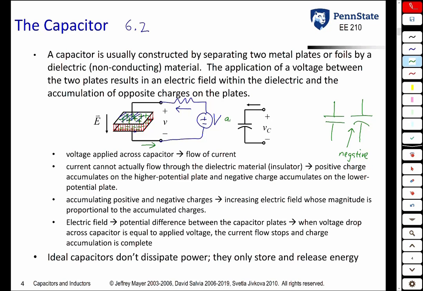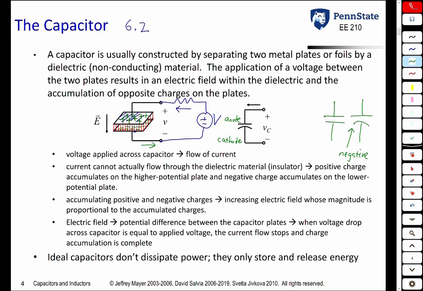The positive plate we call the anode, and the negative plate we call the cathode. In general, current always enters the anode of a device. So the current or the positive charges enter the anode, or another way of thinking about that is the electrons always leave the anode.